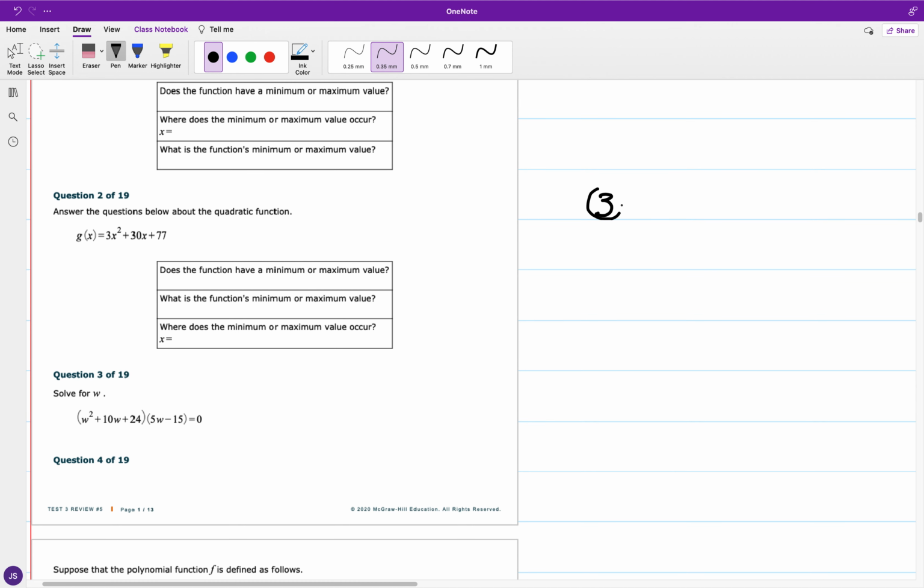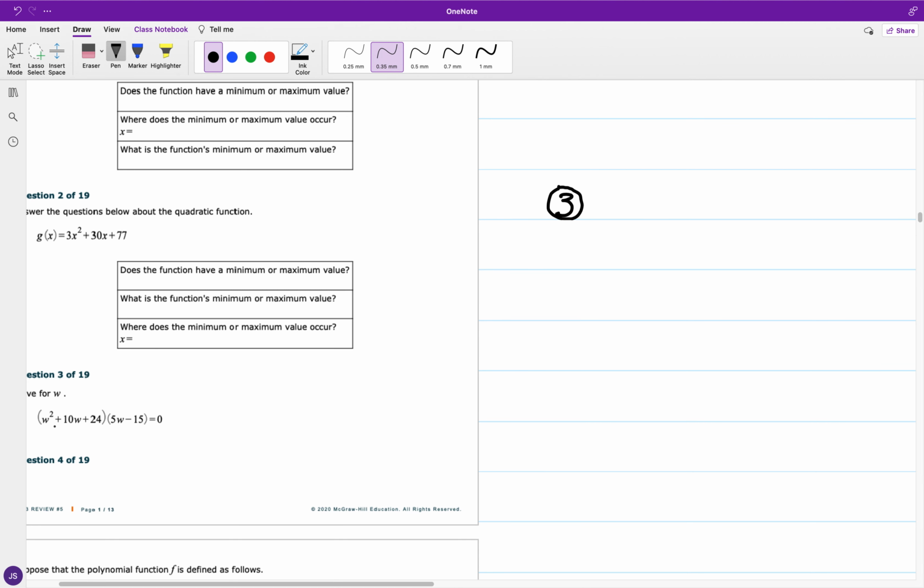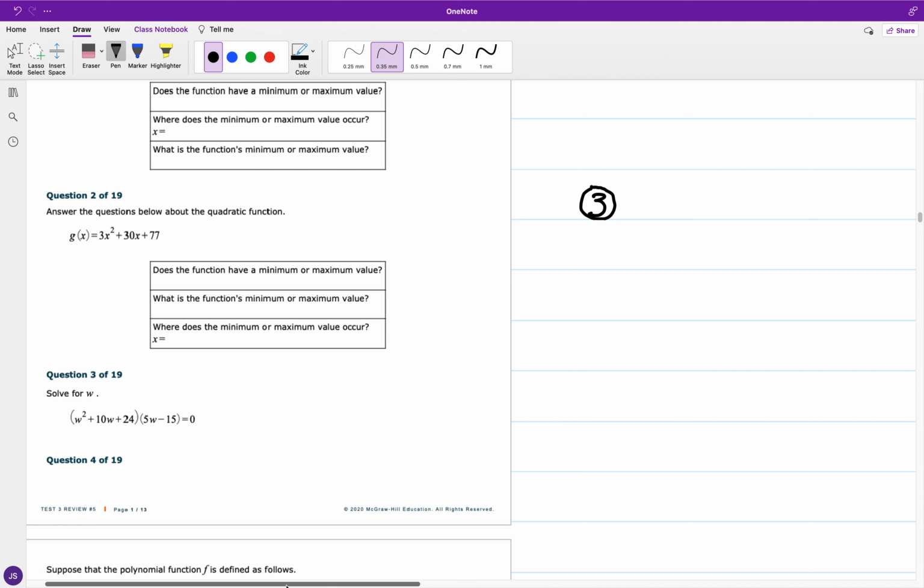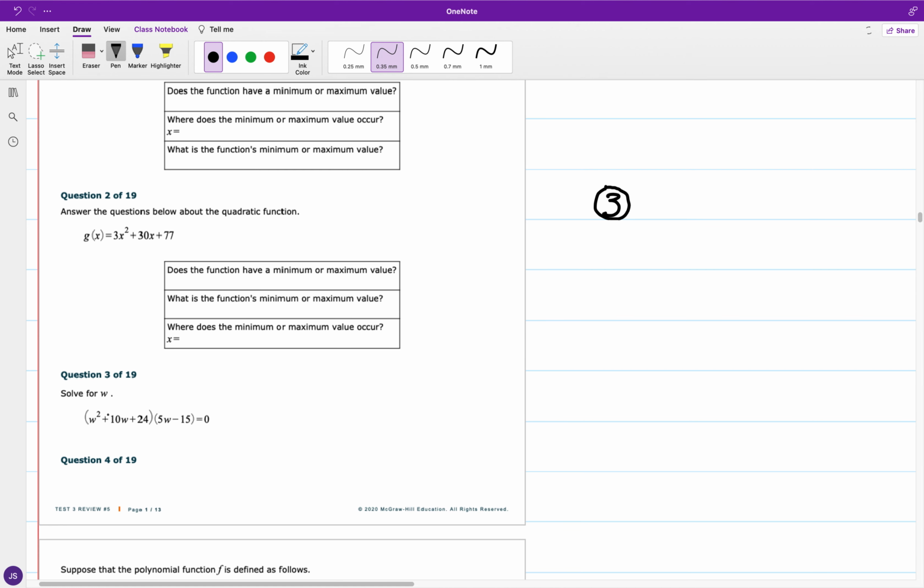I'll tell you what, if we look in the case of number 3, we have an equation where a function is set equal to 0, in the variable w, and it says to solve for the variable.